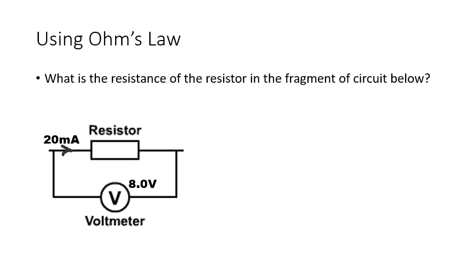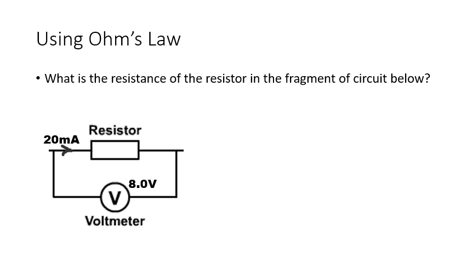Right, and then the final one of these examples, and the last thing in this little tiny presentation, is what's the resistance of a resistor in a fragment of circuit below. Now, very often what's going on is you're solving circuits. So you're looking at the picture of the circuit and thinking about what's going on within that bit of circuit. You're not doing written out questions, which are the ones we've been doing up till now.